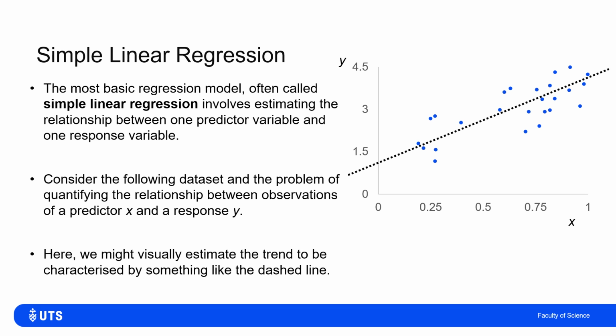Looking again, maybe I've drawn it a little bit high in the top right. I don't know. But that's just how I visually thought the line roughly went. Now that's possibly useful for the point of predicting other values, but it also isn't very scientific or statistical.